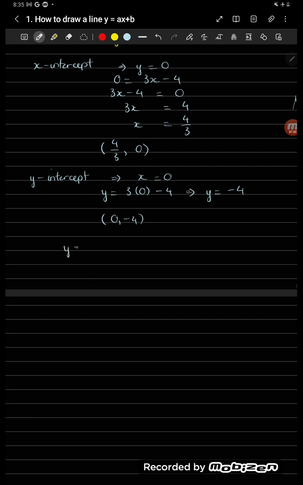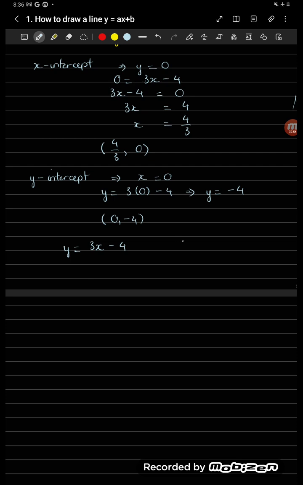Okay, so I start with the equation y equal to 3x subtract 4, and I want to make another point with y as a whole number and x also a whole number. If we want to make y a whole number, it's easy. You only need to choose x as a whole number, right?